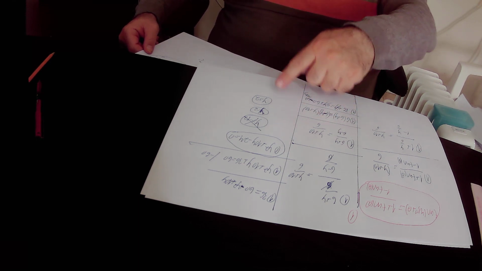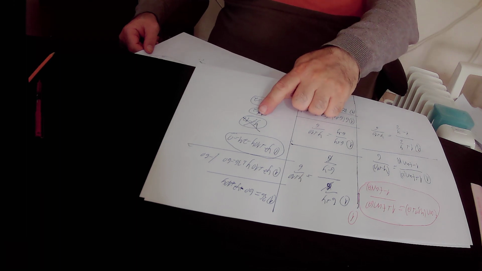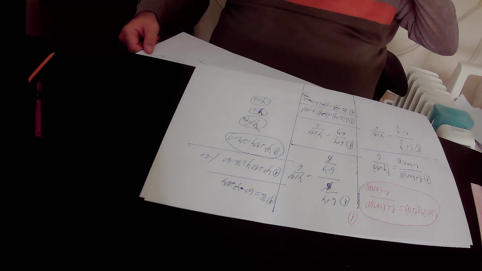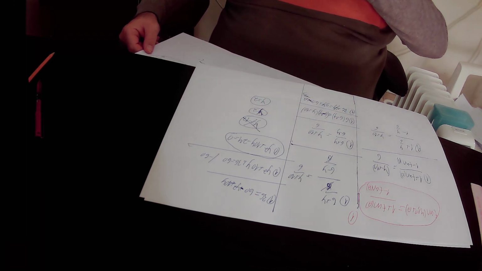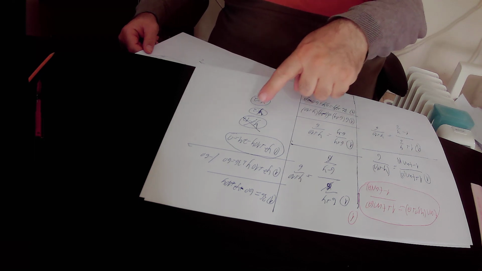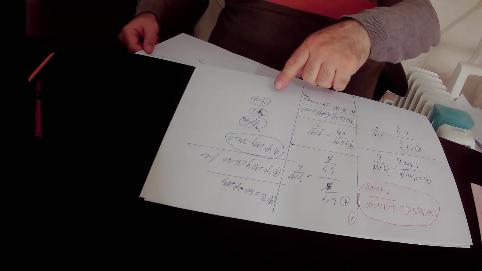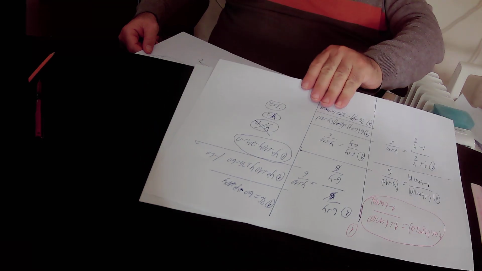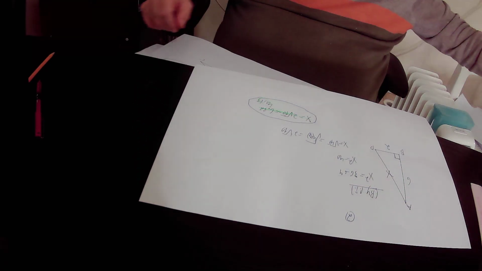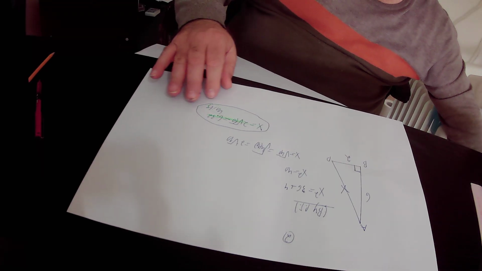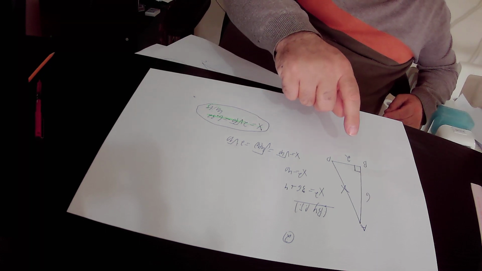We got two solutions. The first solution is y equals minus 12, but because y is a length, it must be a positive number, so this solution is not correct, and we are left only with the solution that y equals 2. Then we implemented the Pythagorean theorem on the right triangle ABD.